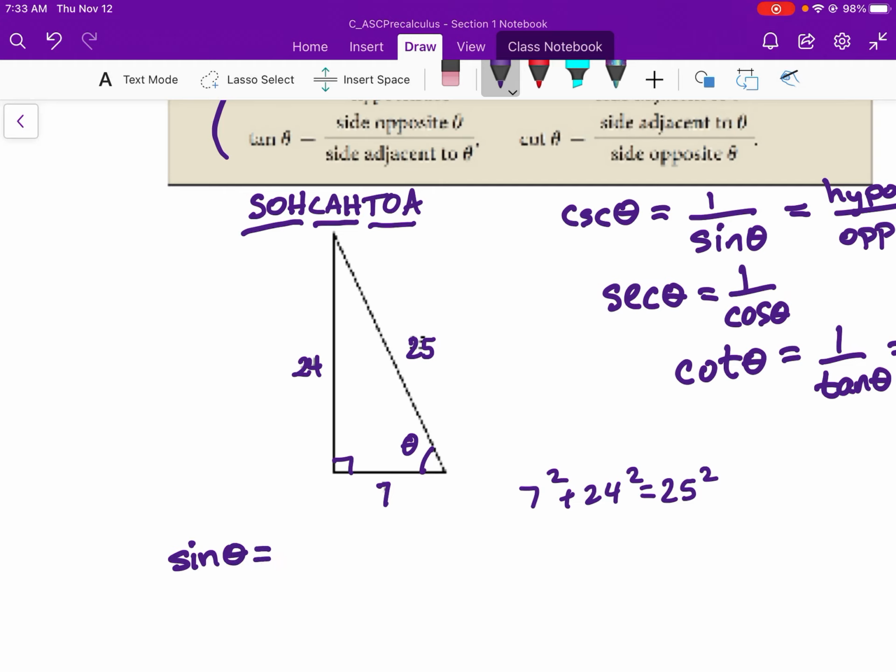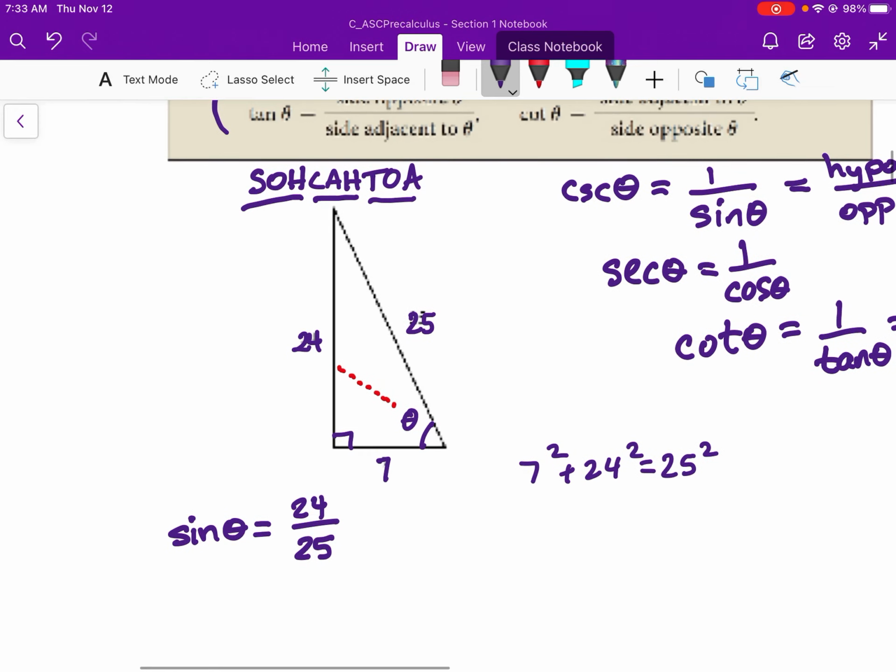So what's the sine of theta? Well, if that's theta, then the opposite is this side over here, which is 24, and the hypotenuse is always the same, 25, opposite the 90 degree.